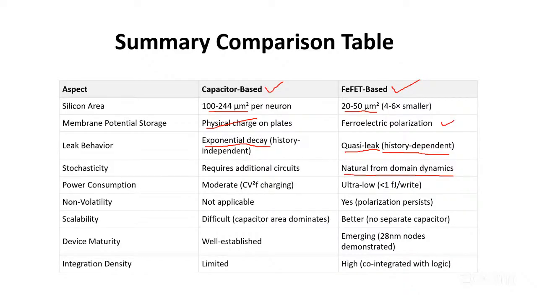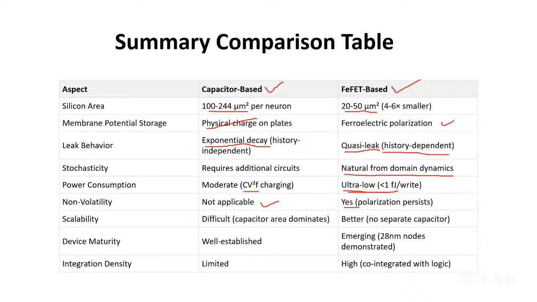Then power consumption: you have CV square F, and this is quite low power because we are basically charging and discharging the ferroelectric material, and the transistor is there where the power can be reduced. Non-volatility is not applicable for a neuron, but non-volatility is present in this FEFET. Scalability is also important.